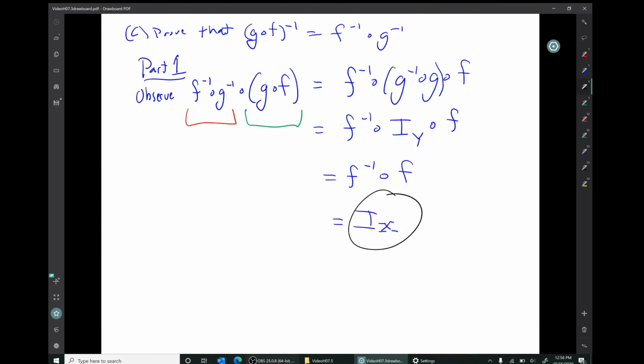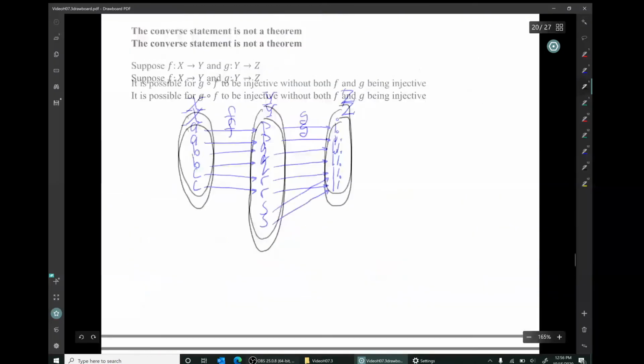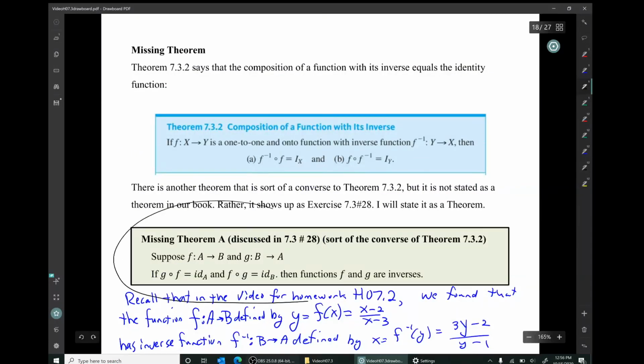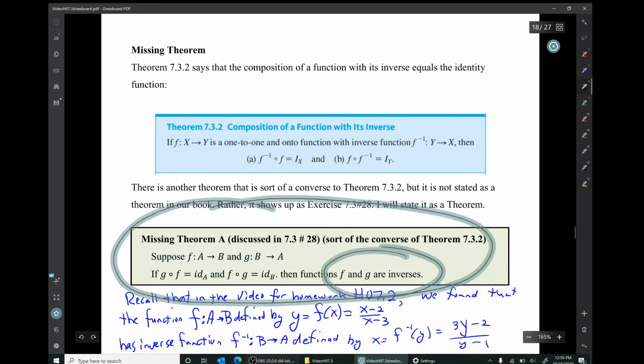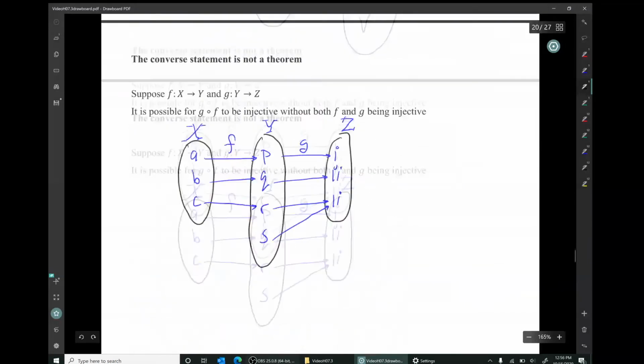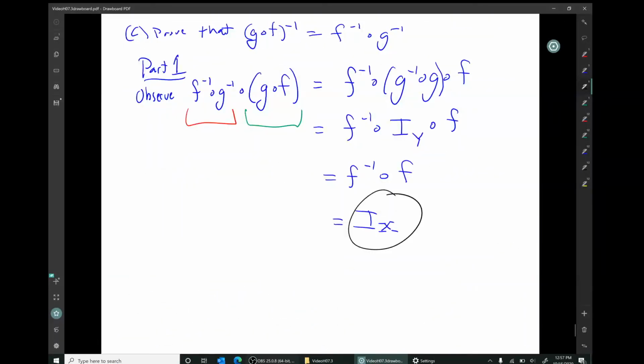Well, let's remember a theorem we had earlier. We have this theorem, the missing theorem, discussed in one of the exercises, that says that if you have two functions that behave that way, if you compose them in either order, you get the identity, then that means those functions must be inverses. So let's go back down. We have this green thing and this red thing that when I compose them gives us the identity in either order.